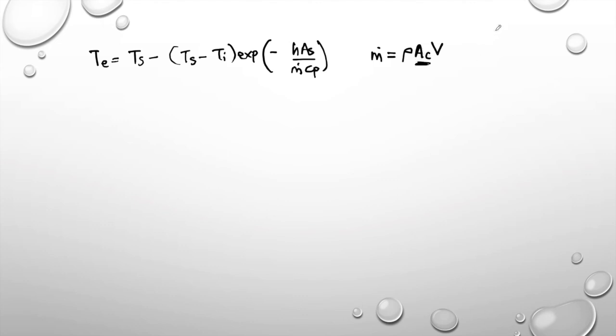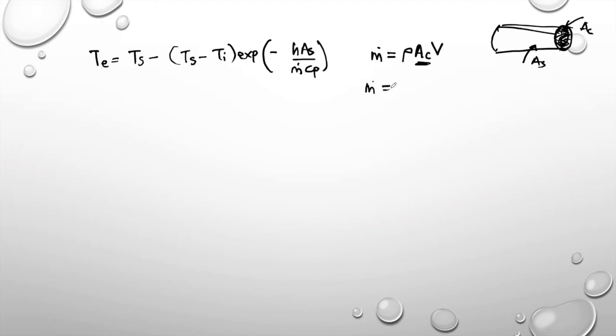If I draw this figure, the fluid flows on this area. Therefore, you have to calculate Ac, and here is As. So heat transfer will occur at As, while the mass flows through Ac. Therefore, the area in mass flow rate is Ac.